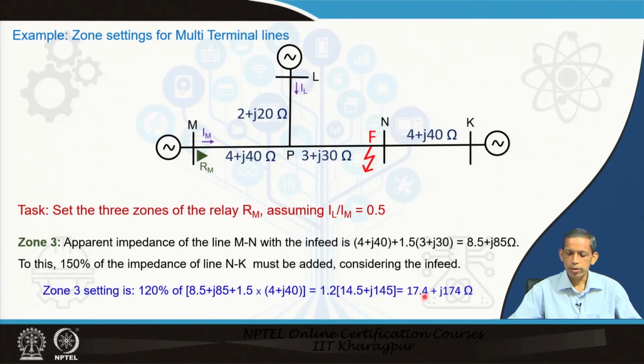So, that becomes 17.4 plus j174 ohm. That leads to the situation where zone 3 should take care of this portion as well as this portion and ensure that no fault is unidentified in this one. However, zone 3 is a delayed decision process.